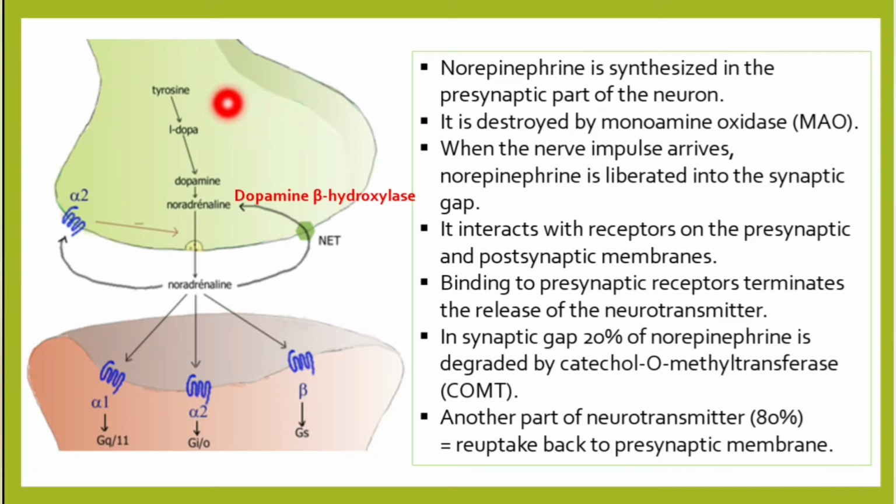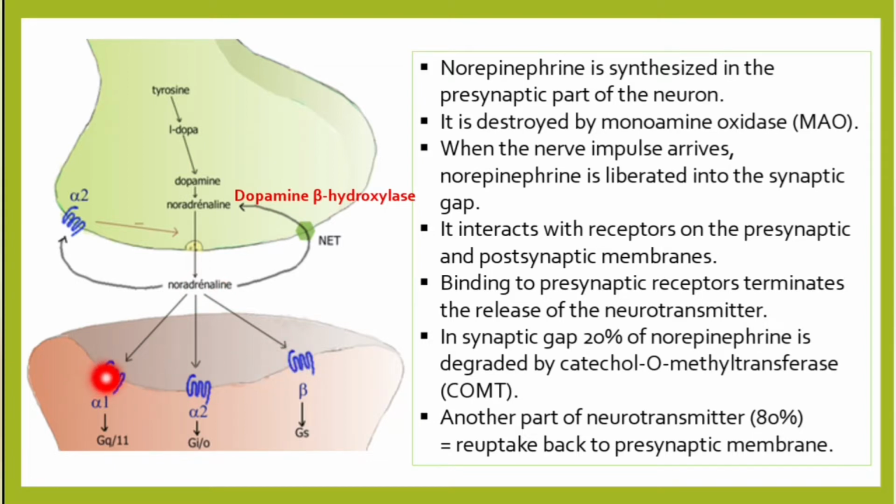As you can see here, norepinephrine is being synthesized in the presynaptic knob, the presynaptic part of the neuron. It is usually destroyed there by monoamine oxidase, and if it is released into the synaptic cleft, it has activity on the postsynaptic membrane.